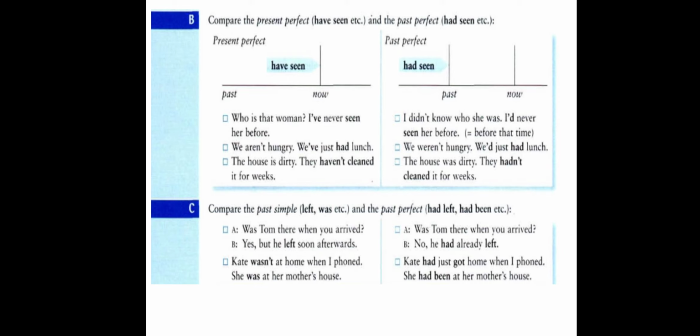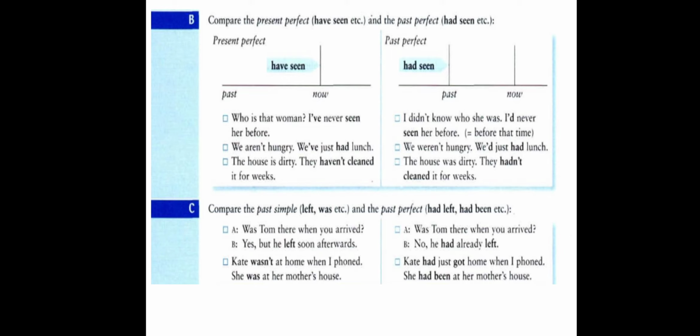So an action extended from a past point to an end point in the past, and we express it at the end point, so we use past perfect. So we use, I had never seen her before that time.